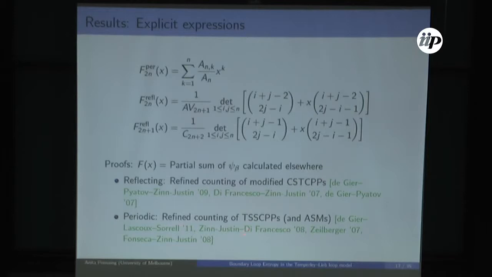For the periodic case, it was a similar thing. Again, it was the partial sum of the ground state components, and it was shown in this paper, I think, that it was the counting of TSSCPPs, which are totally symmetric self-complementary plane partitions.